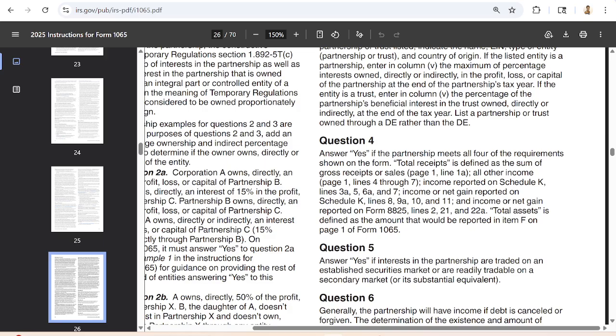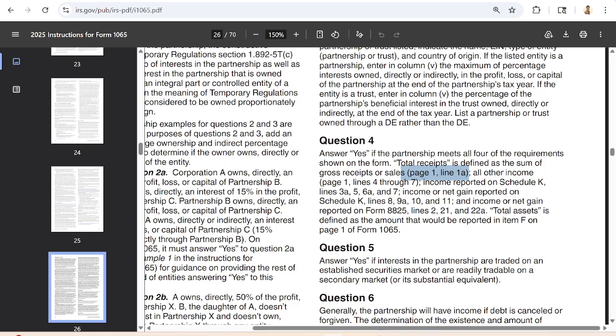Total receipts is defined as the sum of gross receipts and sales. Okay, they put it here. That's good to know. So things like that, you can highlight for your reference later if you don't remember. So it's lines 1 through 8, all other income, page 1, lines 4 through 7, and income reported on Schedule K, lines 3a, 5, 6a, 7.